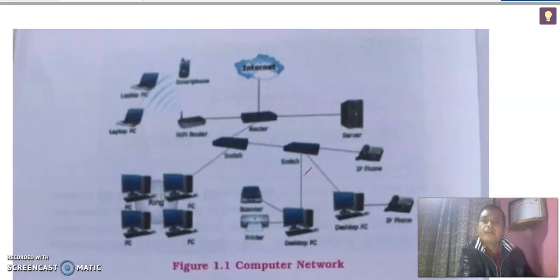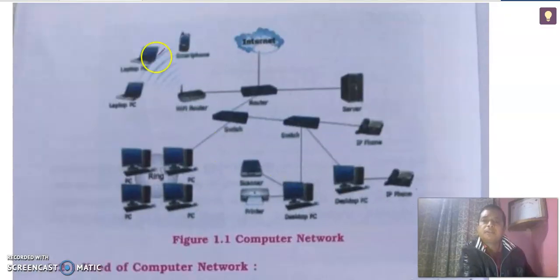Here we have a diagram of a computer network. You can see that the internet is also a form of network. It is the network of all the smaller networks. So a network of networks is called an internet, and we can share all sorts of devices. It may be a printer.